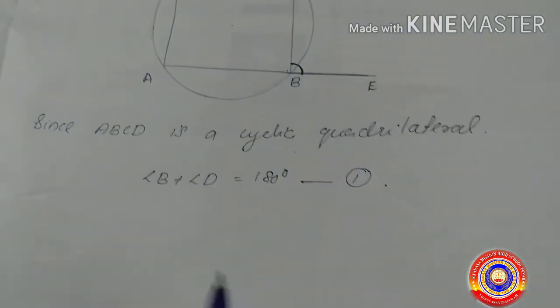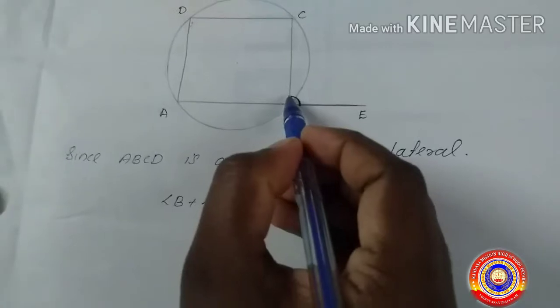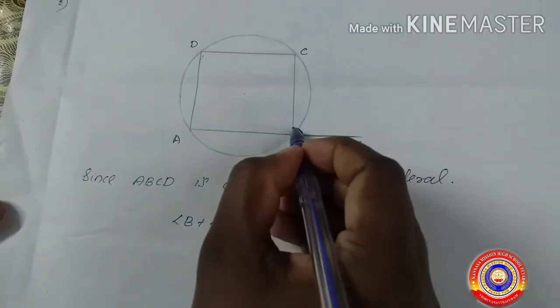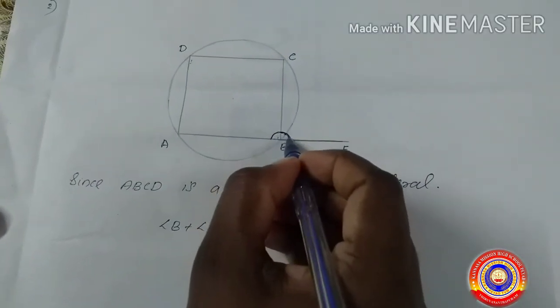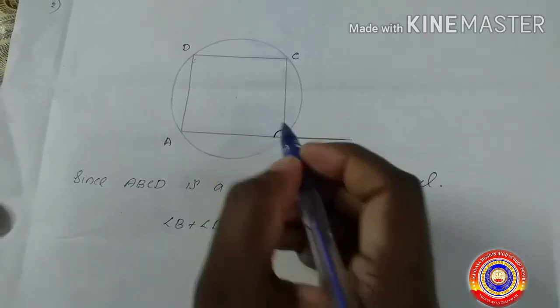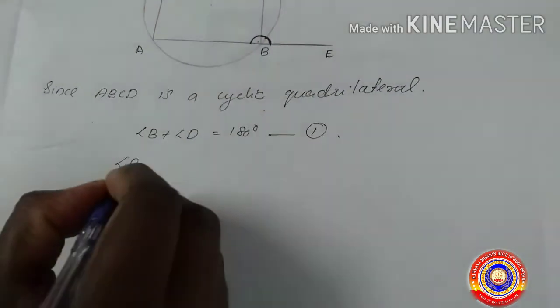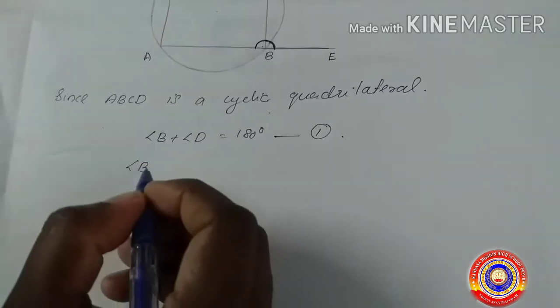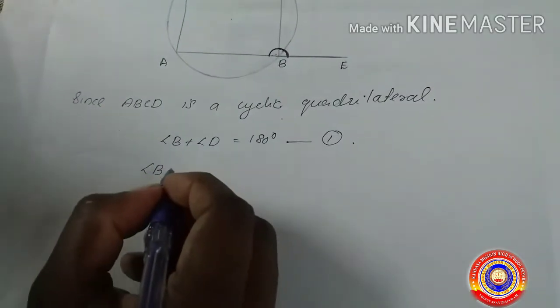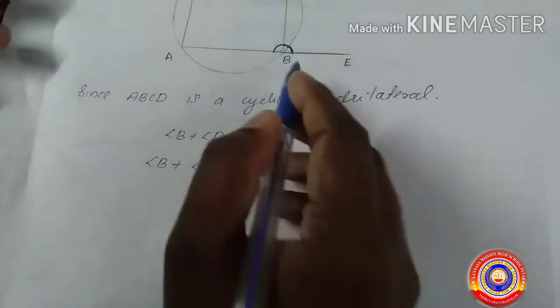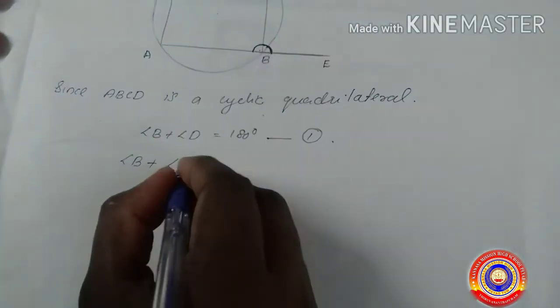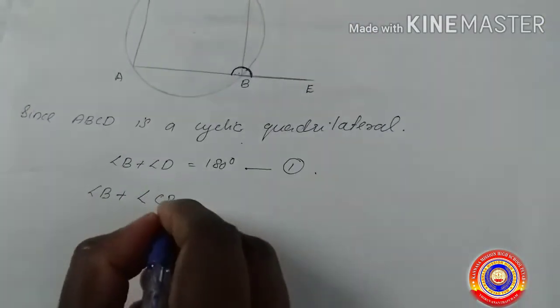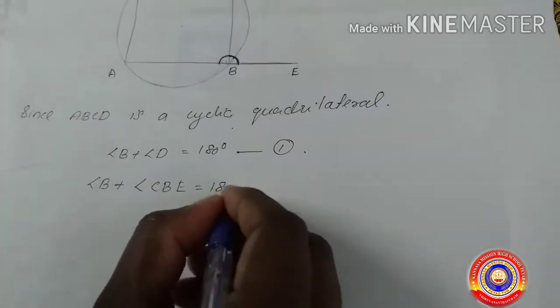Next, children, look here. Here forms a linear pair, isn't it? So we can write angle B plus angle CBE equal to 180 degrees.